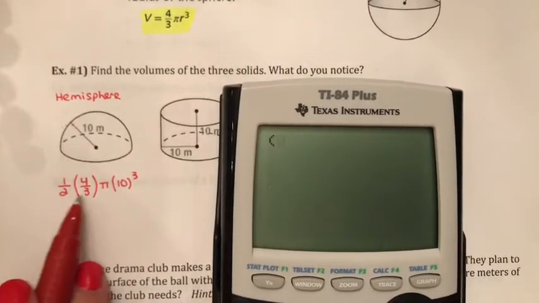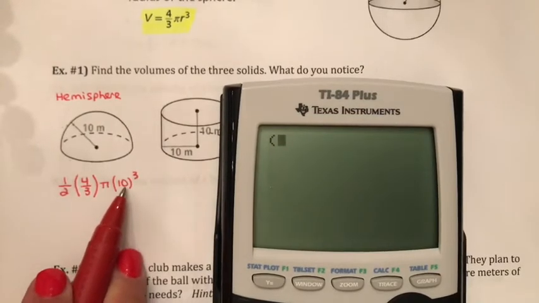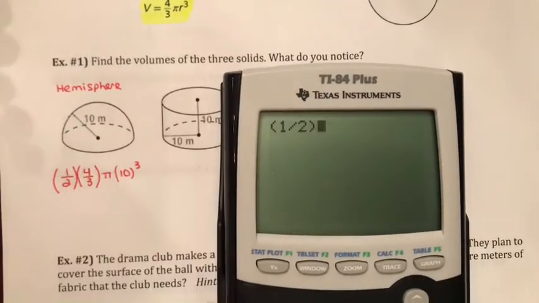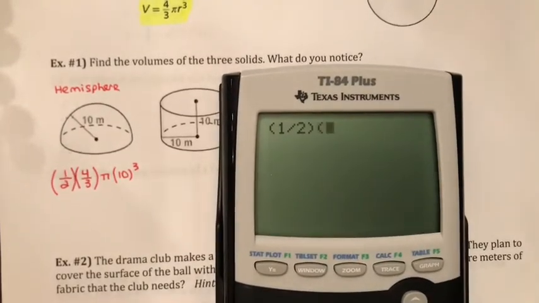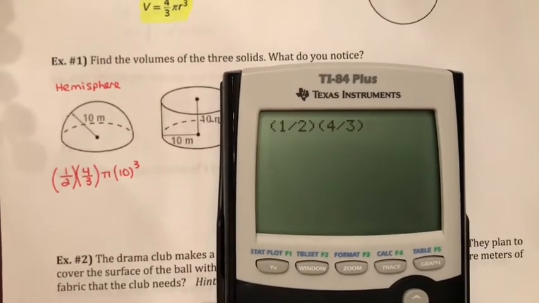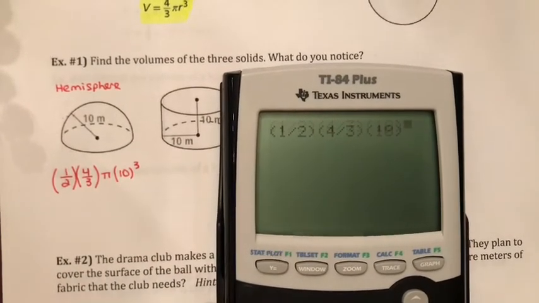So I'm gonna multiply these fractions and also the 10 cubed. So I'm gonna put this 1/2 in parentheses. Okay, maybe it might be helpful to put parentheses here. Another parentheses with 4/3 in it. So 4 divided by 3. And then we've got 10 to the 3rd power.